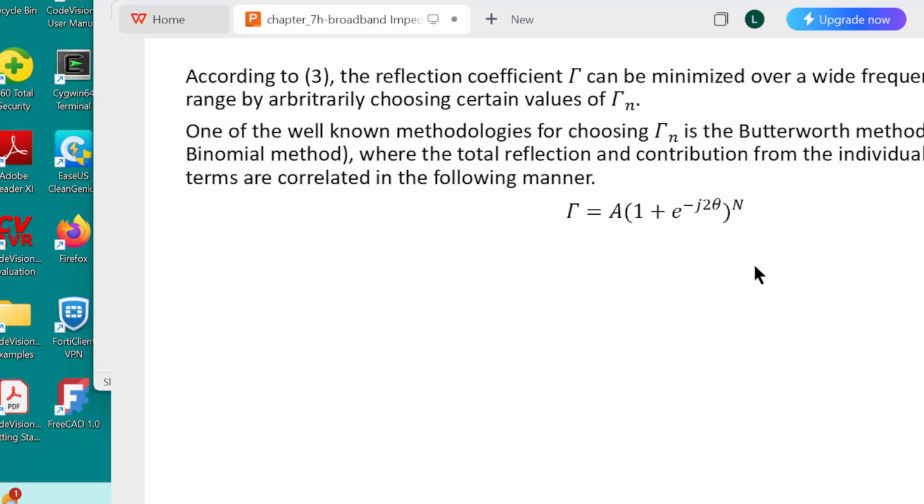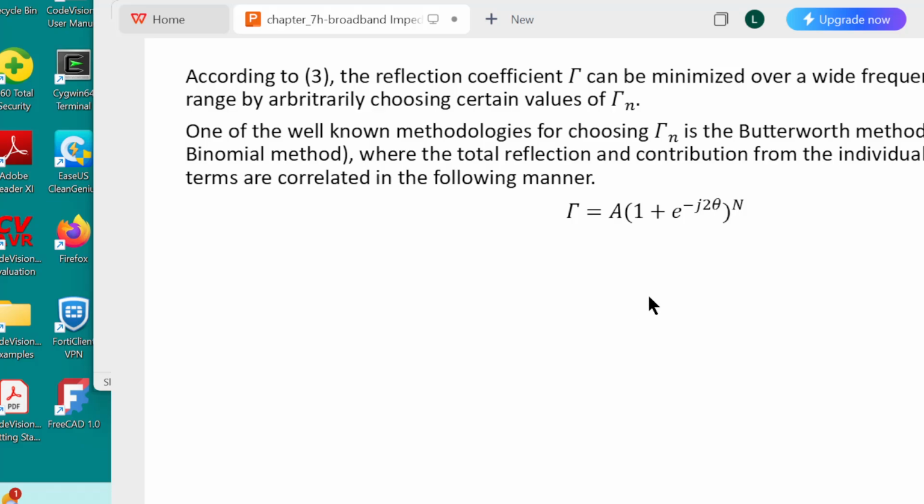And one of the ways you can try is to use the binomial formula: A times (1 plus x) to the power n, where x is equal to e to the power minus j 2 theta, theta being the electrical length of each quarter wave transformer.